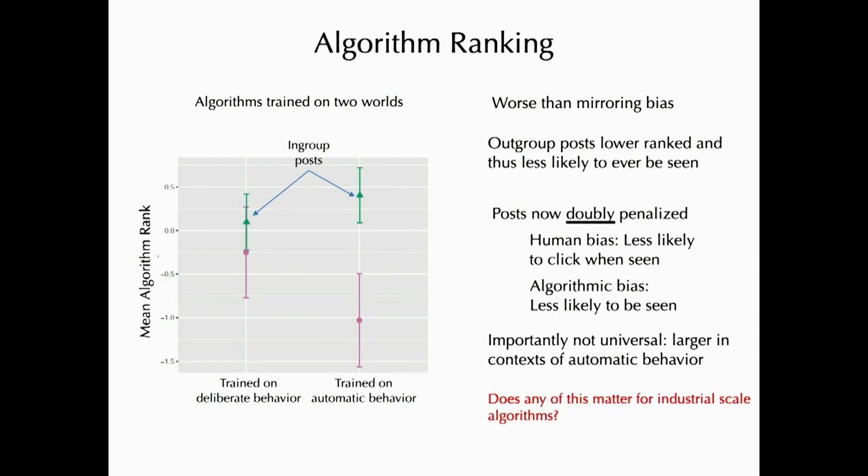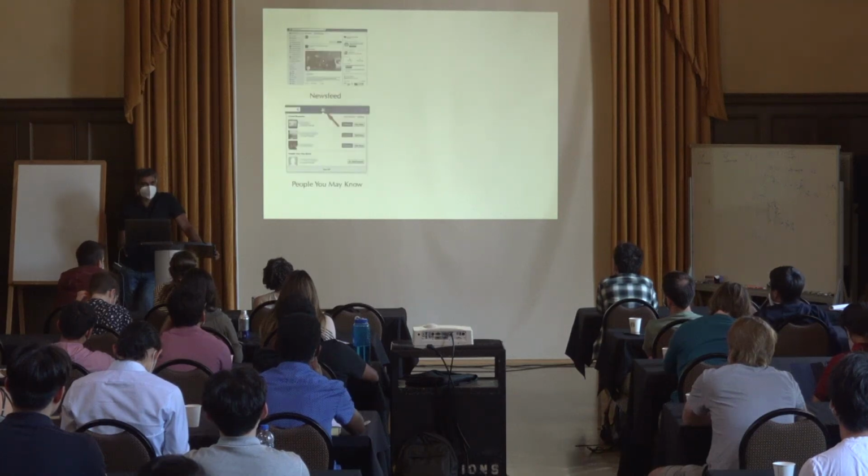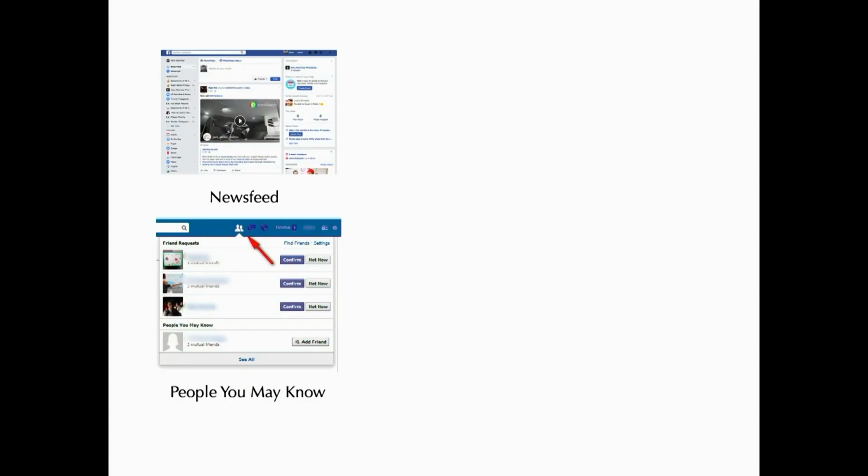So does any of this matter in the kind of industrial scale algorithms we see? Here's what we did next. We did an audit of Facebook where we got a bunch of subjects, I'll skip what these are, and we audited how newsfeed ranks and how people you may know ranks. Both of them are curation algorithms. But people decide differently in how they interact with newsfeed than they do with people you may know.